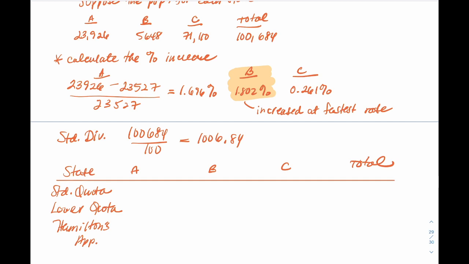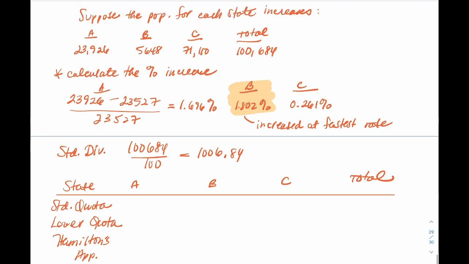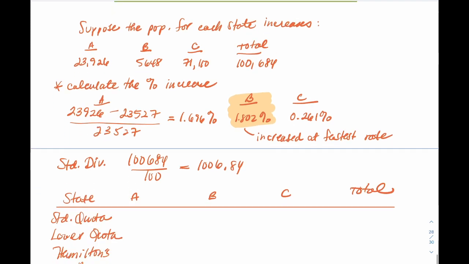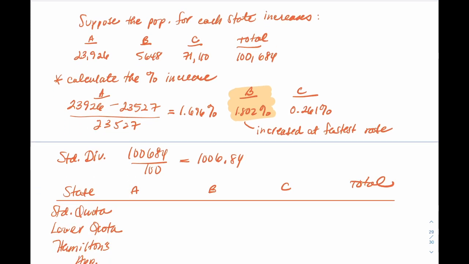Okay, so I'm going to take the new population, 23,926, and divide by 1006.84, and then do that for all of the states. So you're going to divide these each by the new standard divisor.